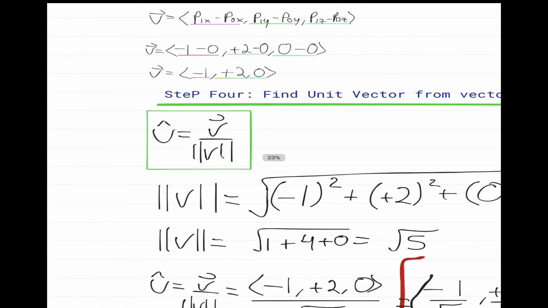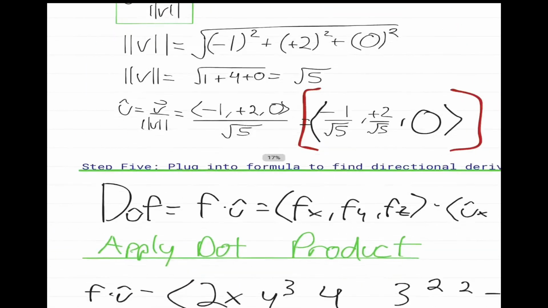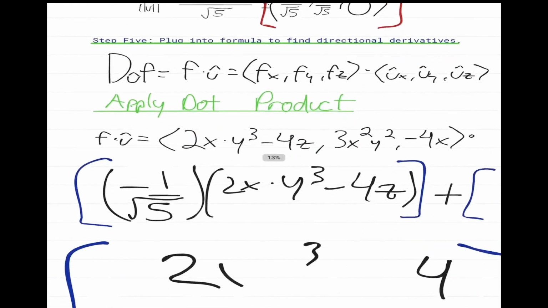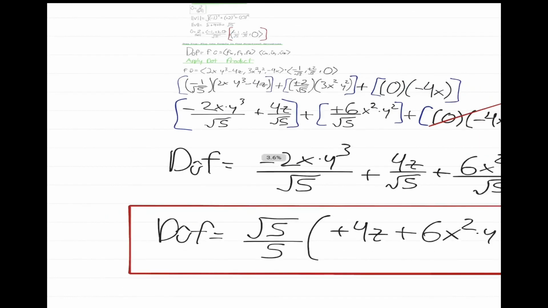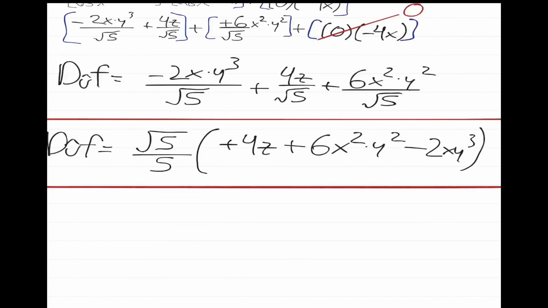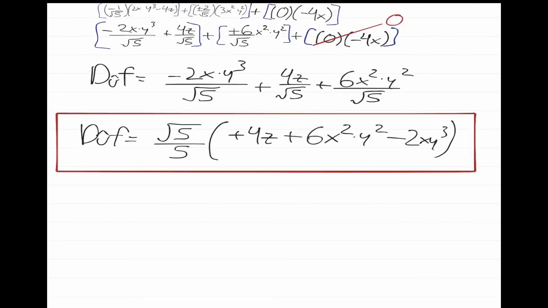In step 4, we found our vector and computed a unit vector. And in step 5, all we did was the arithmetic to find the directional derivative, applying the dot product. So thank you for watching.